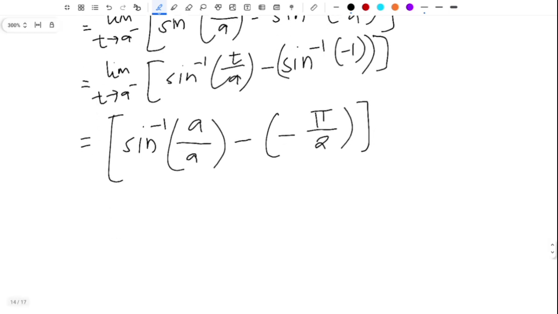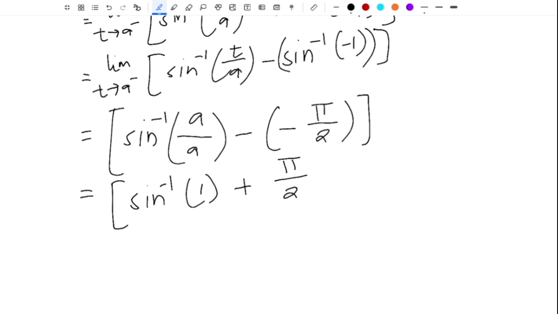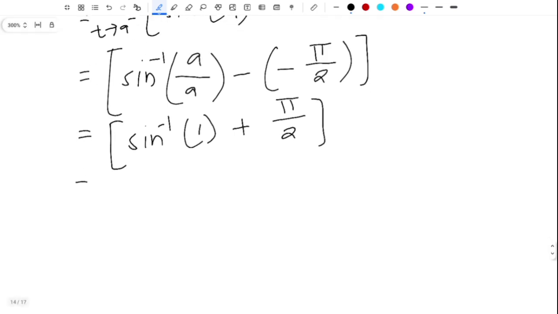Distributing the negative sign, we have plus pi over 2. And arc sine of 1 is equal to pi over 2, so pi over 2 plus pi over 2 gives us pi. Therefore, this is our final answer.